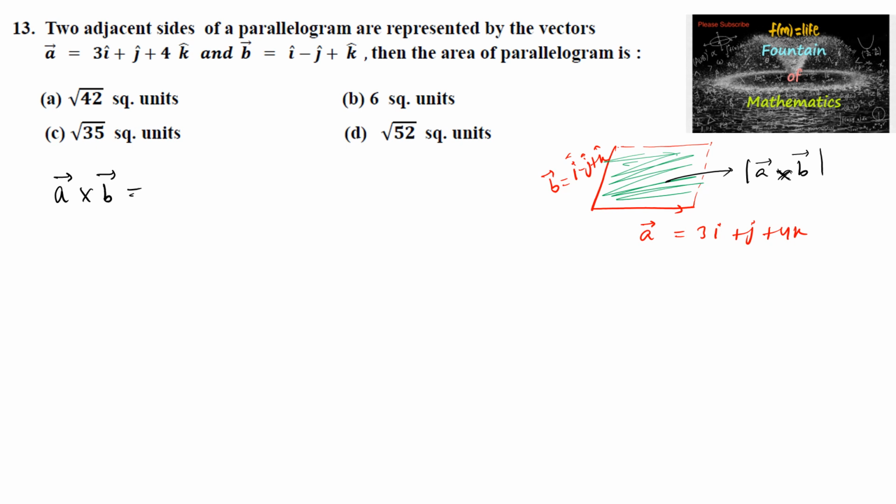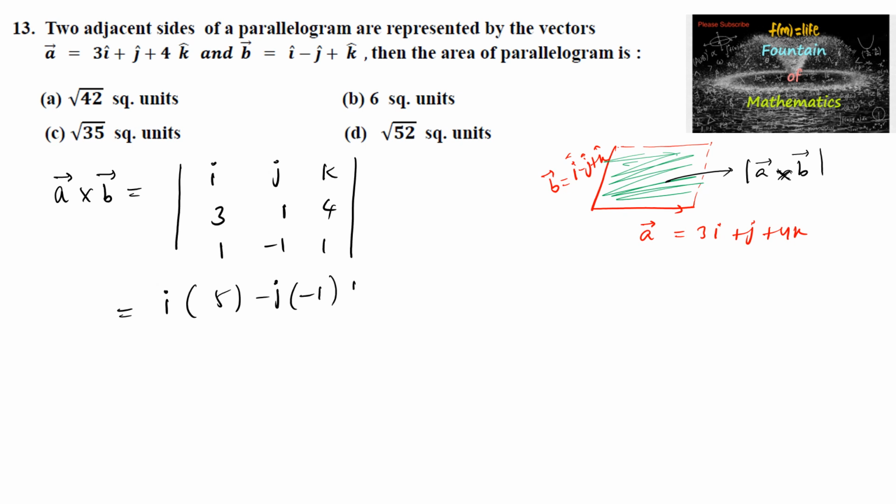A cross B is equal to determinant of i, j, k. The vector A is 3, 1, 4. Vector B is 1, minus 1 and 1, which is equal to i times of 1 plus 4, 5, minus j times of 3 minus 4, minus 1, plus k times of minus 3 minus 1 is minus 4.